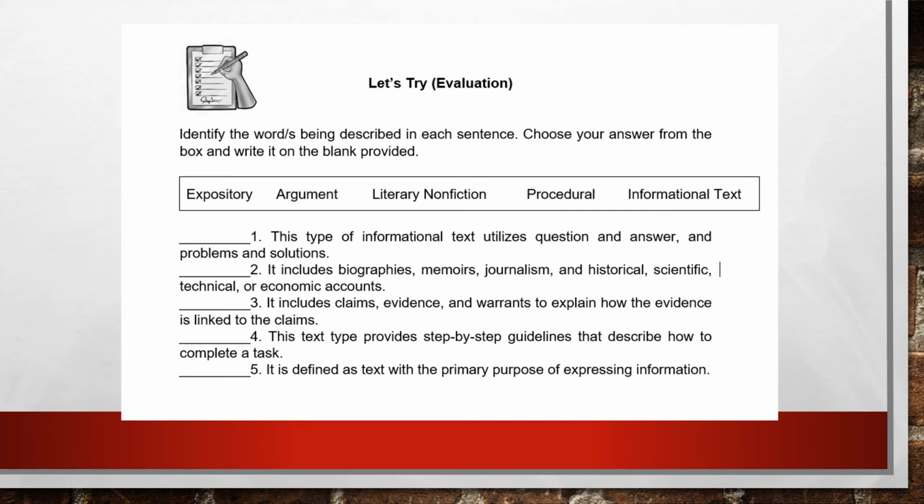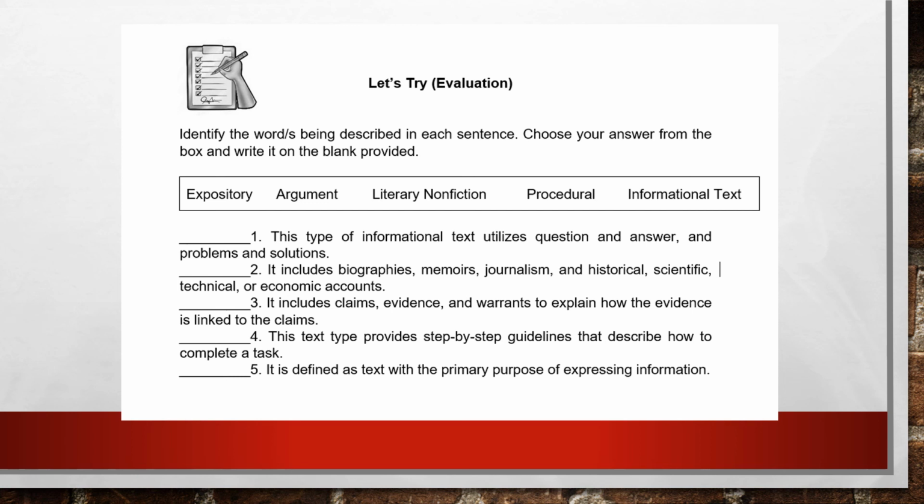Identify the word or words being described in each sentence. Choose your answer from the box and write it on the blank provided. Number 1. This type of informational text utilizes question and answer and problem and solution. What is this? Number 2. It includes biographies, memoirs, journalism, and historical, scientific, technical, or economic accounts.